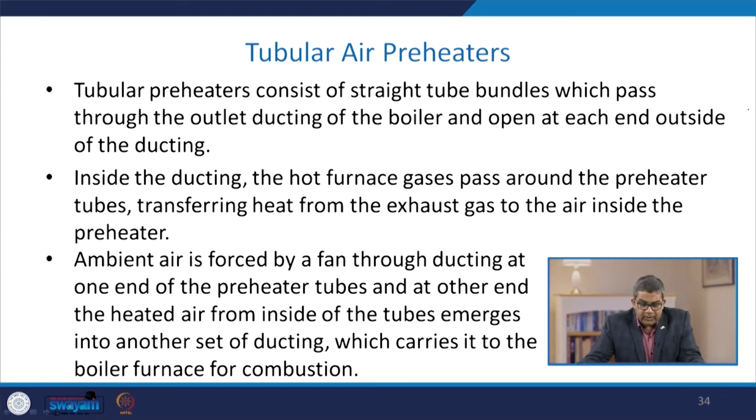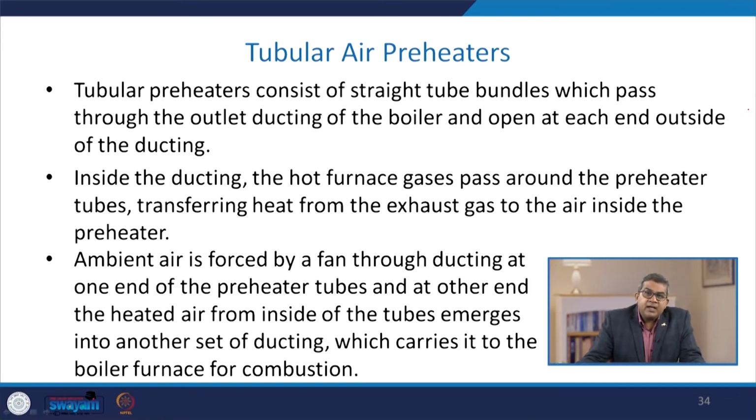Let us talk about the tubular type of preheaters. Now, a tubular preheater consists of straight tube bundles which pass through the outlet ducting of the boiler and open at each end outside of the ducting. Inside the ducting, the hot furnace gases pass around the preheater tubes, transferring heat from the exhaust gas to the air inside the preheater.